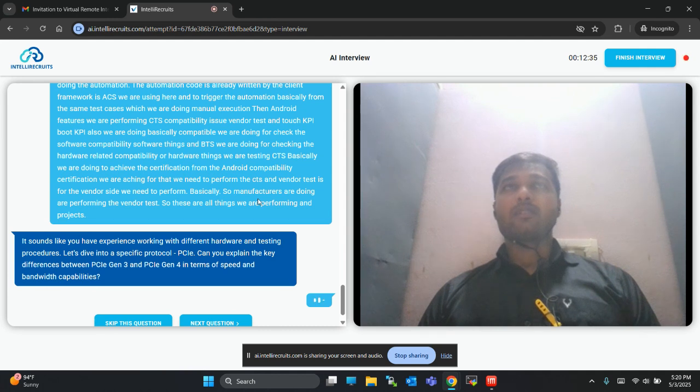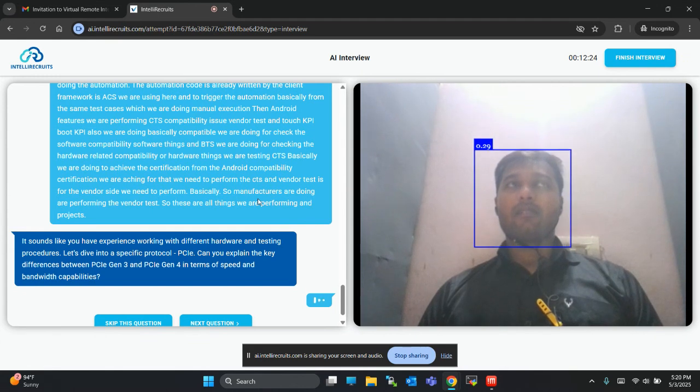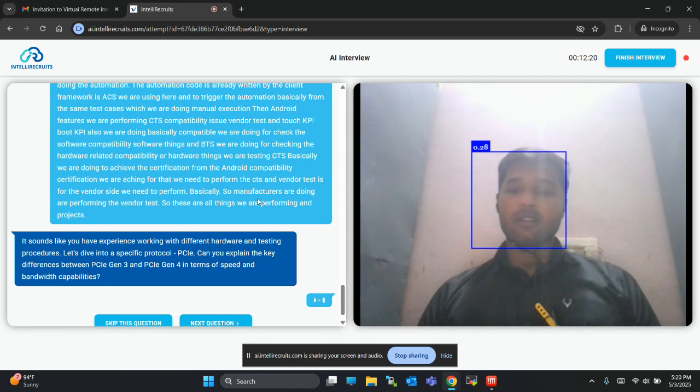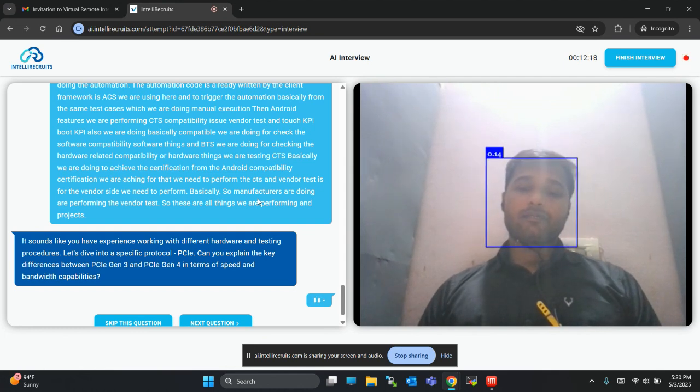Like GPU passthrough, the GPU physical cards we are using there for testing the graphics. That time we are using the PCI passthrough turned on, which is enabled. And for the other settings, like when we need to virtualize the card, that time we were disabling the PCI passthrough basically.